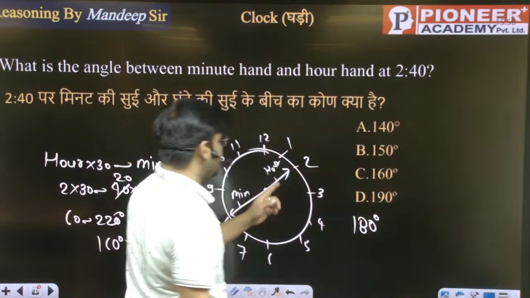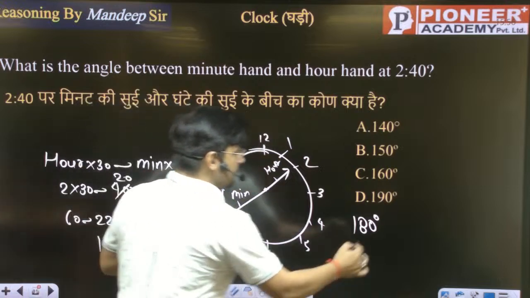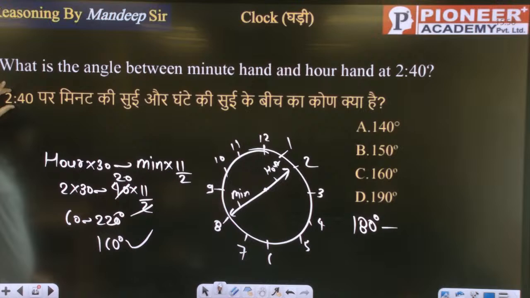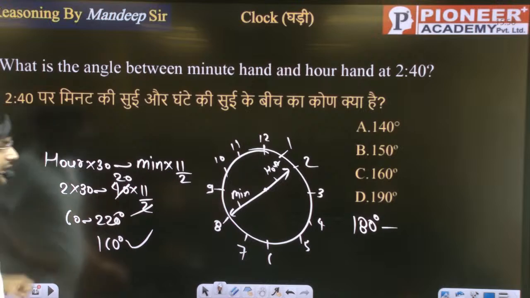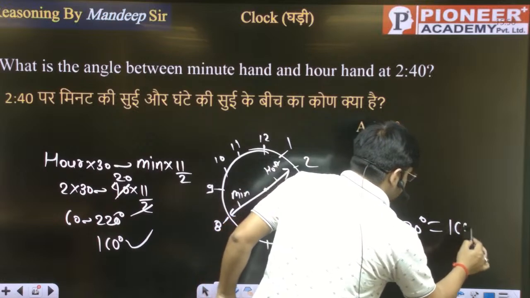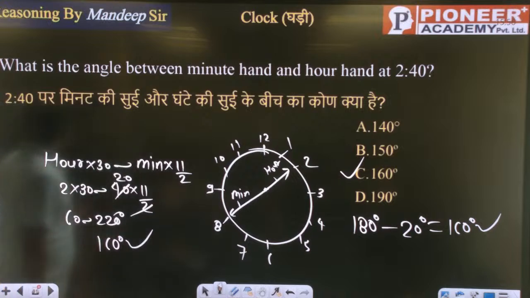If the hour hand is behind the minute hand, we will minus. How many degrees? Half of the minute. So minute is 40 and half of 40 is 20. 180 minus 20, it's 160 degrees. Is it clear? Clear?